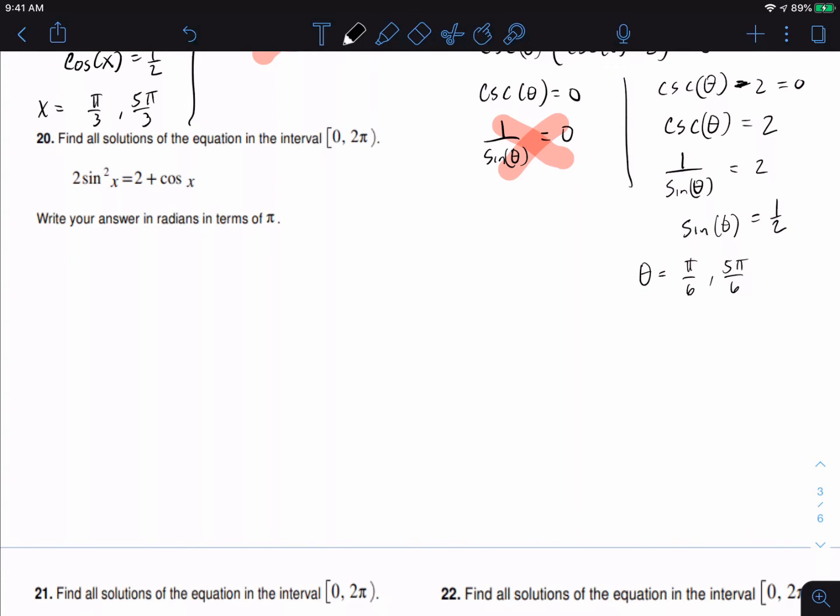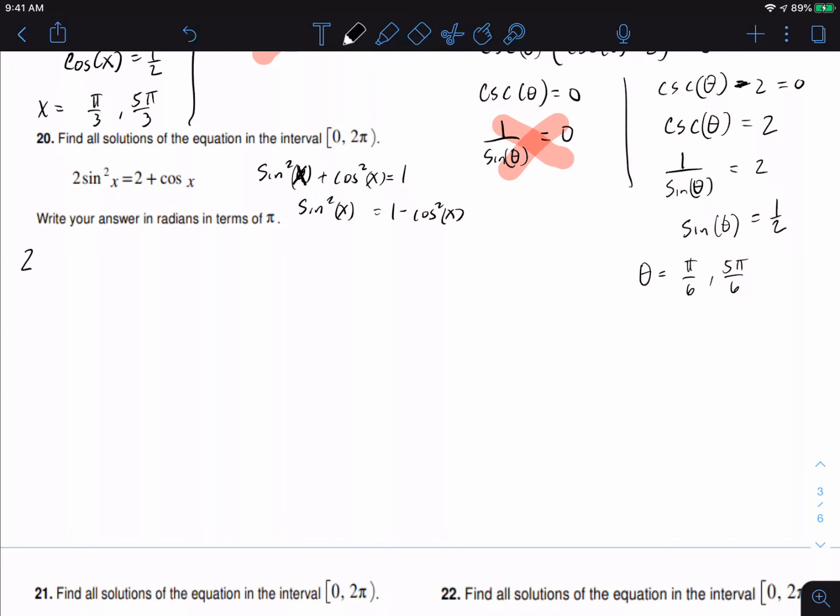So what we always do with this problem, just so you guys know, we change the squared term. And remember, I just wrote it: sine squared x plus cosine squared x is equal to 1. And so I know that sine squared of x is equal to 1 minus cosine squared of x.